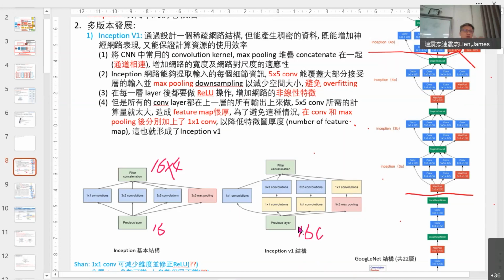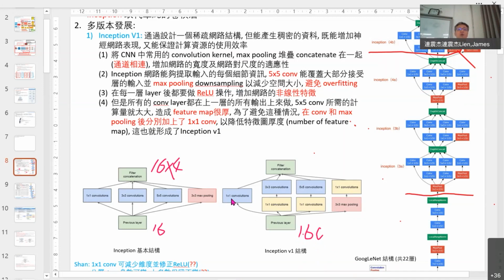But you have many channels, many maps. In this case we have 16 channels, or 16 maps, so you can use 1 by 1 across the 16, and then it depends on how many filters you want.